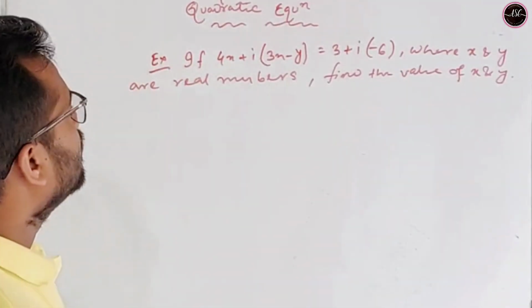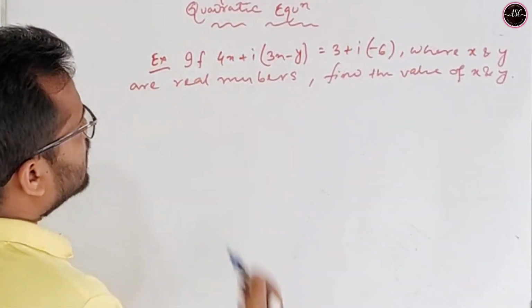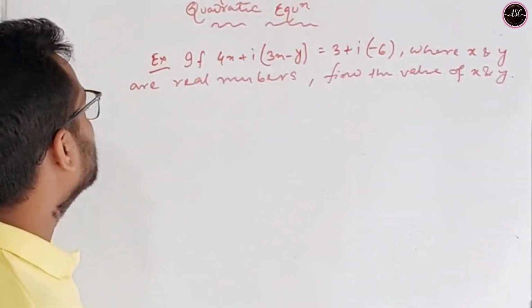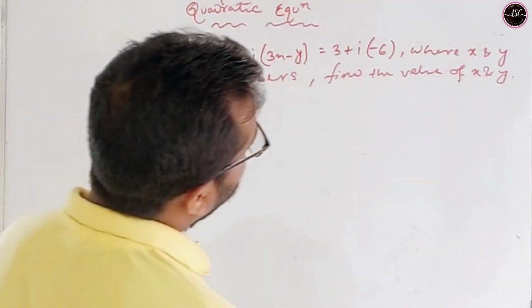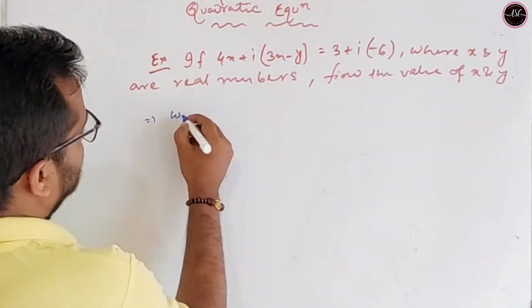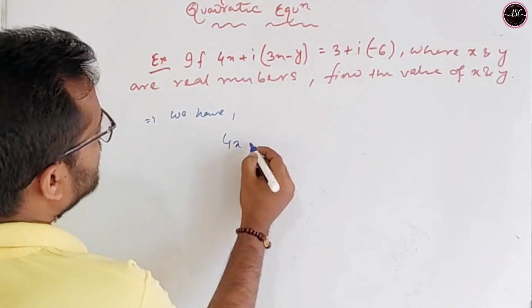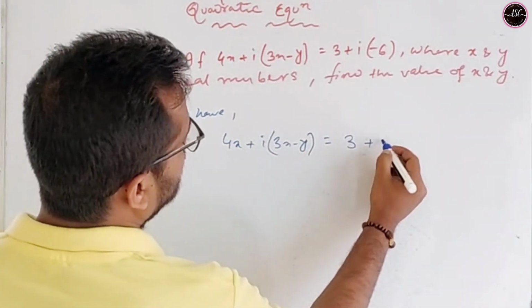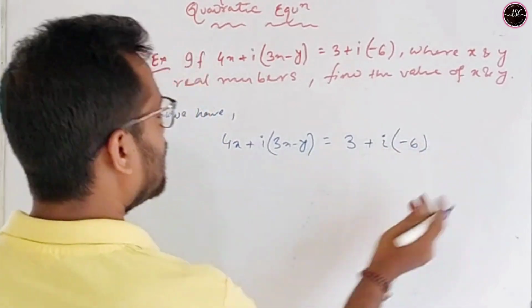Here, just look. A complex number equation: 4x plus i(3x minus y) equal to 3 plus i(-6), where x, y are real numbers. Find the values of x, y. Here we have 4x plus i(3x minus y) equal to 3 plus i(-6).